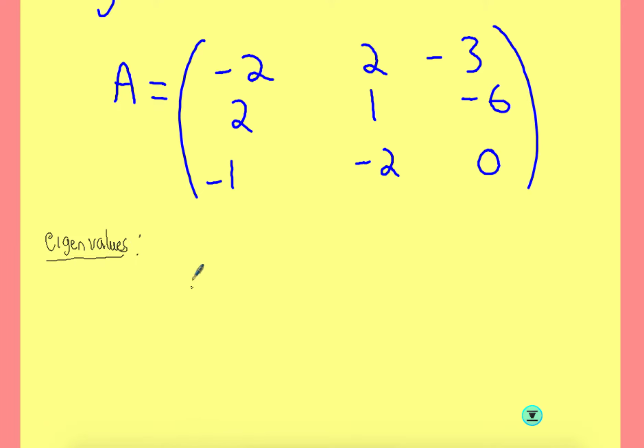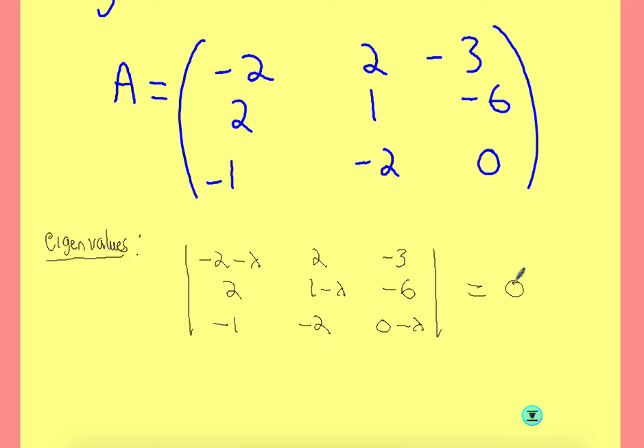I'm not going to bother writing down the equation, we should all know it by now. So the determinant of our matrix with lambda taken away from all the diagonals is equal to 0.